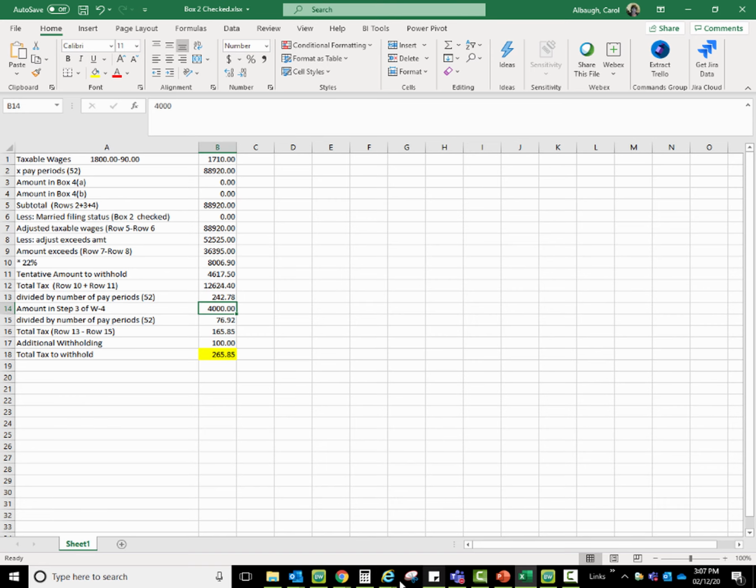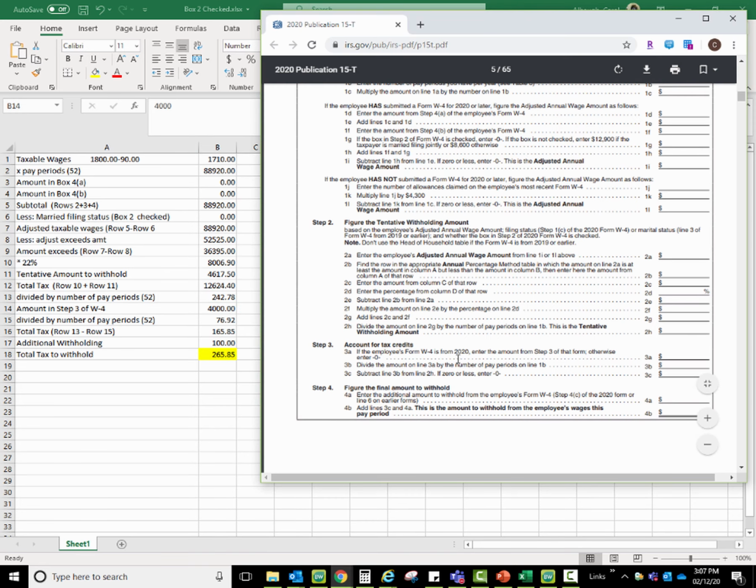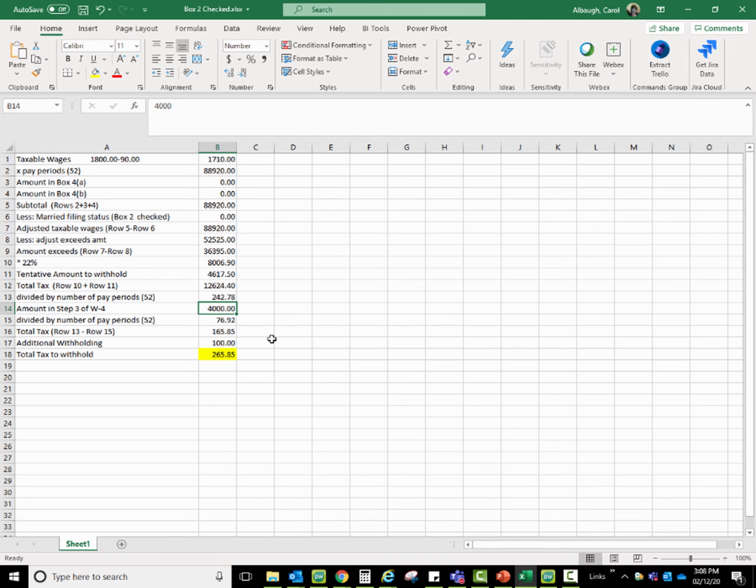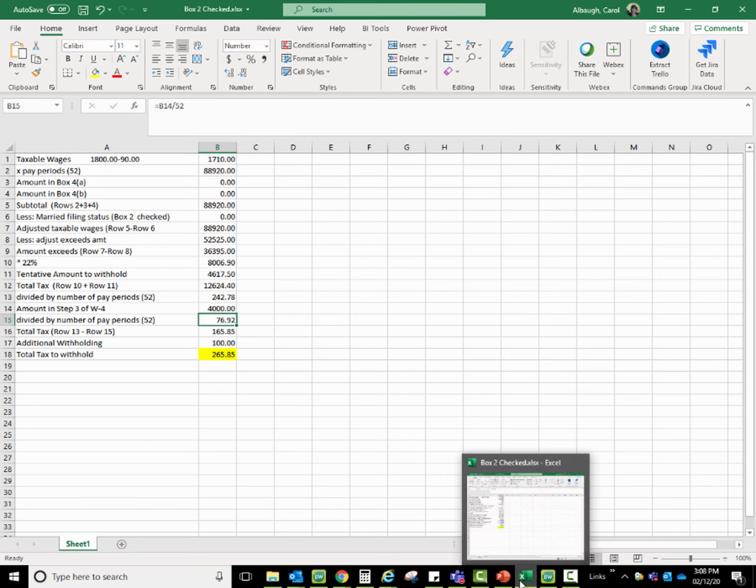The last step is the credits. Remember, in step 3, we now take the credits. Our employee on their W-4 form entered $4,000 in step 3. That's for their actual dependents. We now take that $4,000, divide that by the 52 weeks in the pay period.